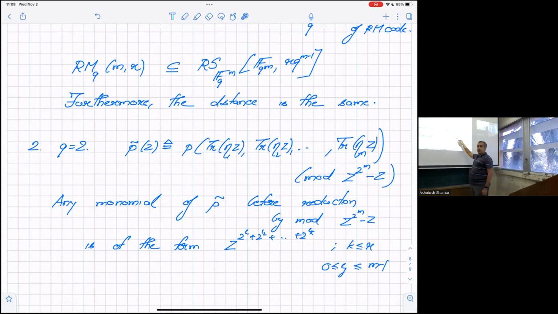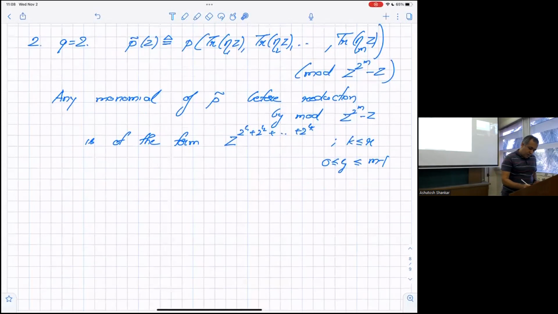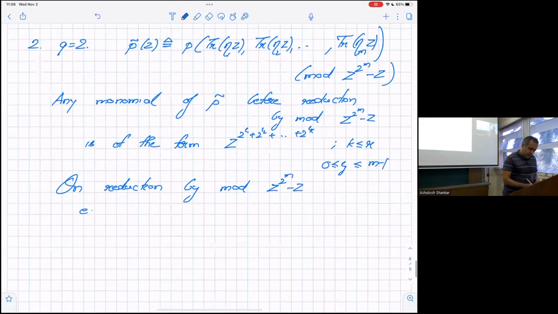The two things 2^(m-1) and 2^(m-1) can become 2^m. But now I want to say, on reduction by mod Z^(2^m) minus Z, each such monomial.